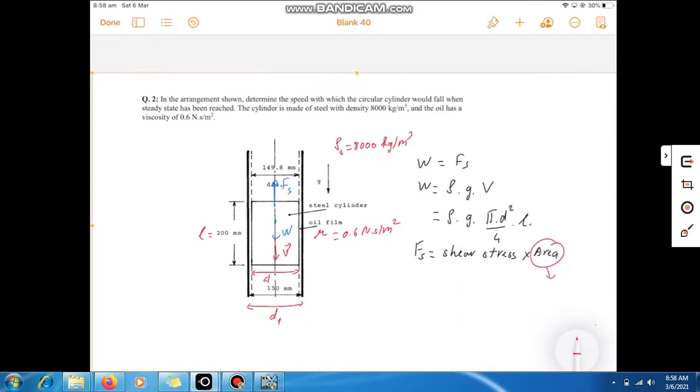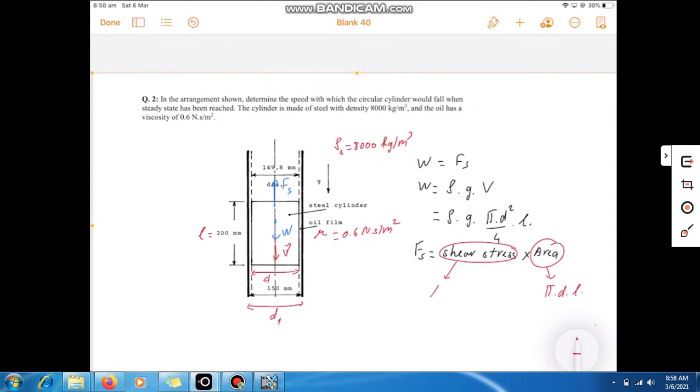Okay, so the area here will be equal to pi d times L, the outside area of the cylinder.